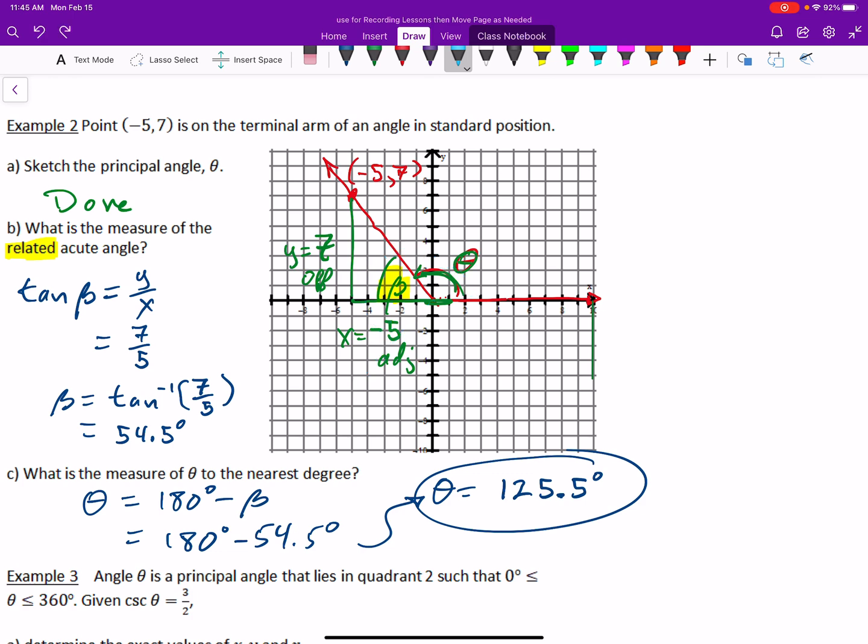And if it was in quadrant 4, say here, I'd be going almost 360 degrees, right? Going to there is 360 degrees. So I would do 360 minus beta if it was in quadrant 4. So I have to do different things with beta depending on which quadrant it's in.